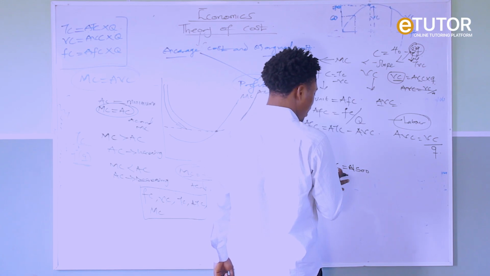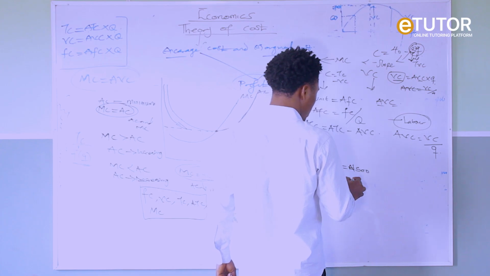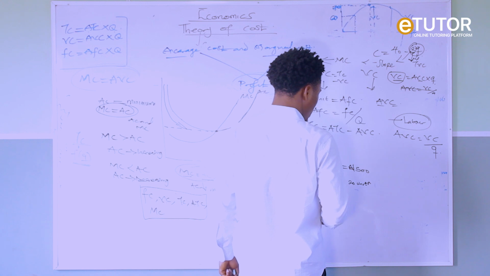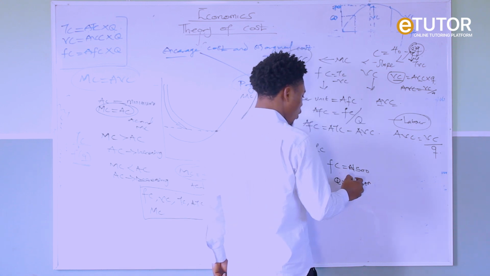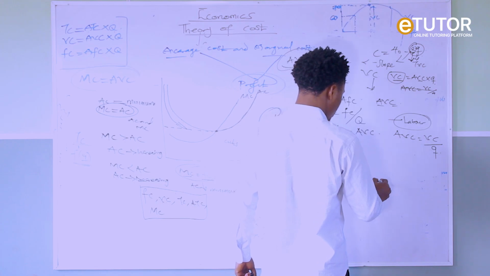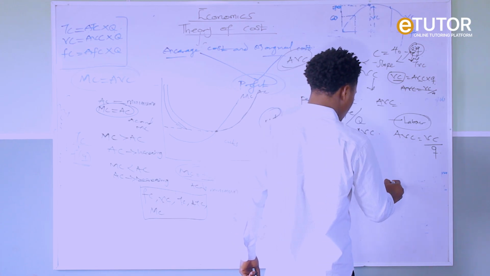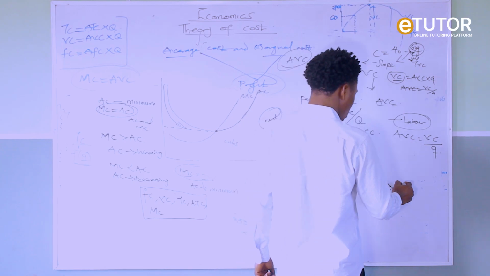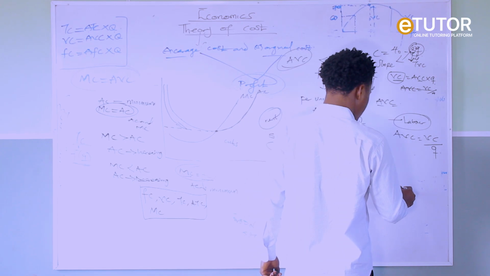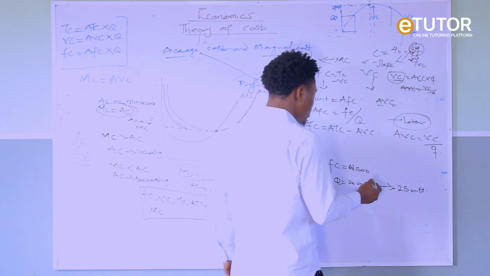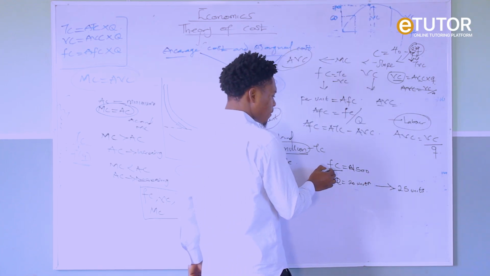So if you have 500 naira as fixed cost and you produce 20 units, are you getting it now? If your quantity increases from 20 units to, let's say, 25 units, what will be the effect on our fixed cost?